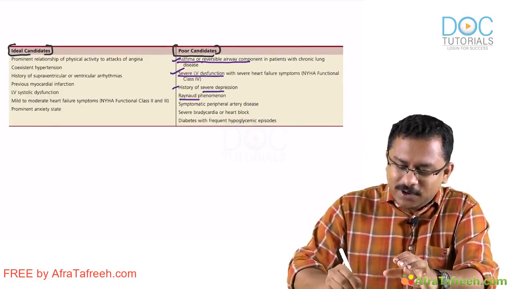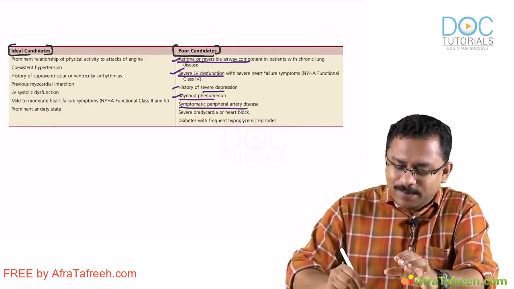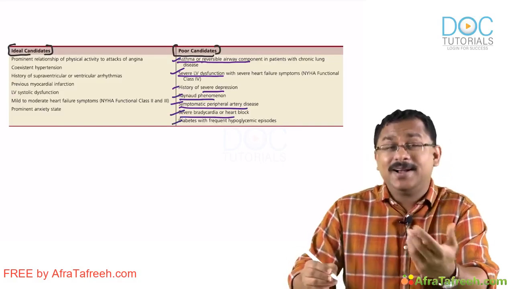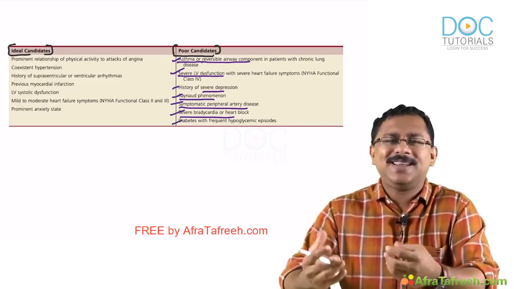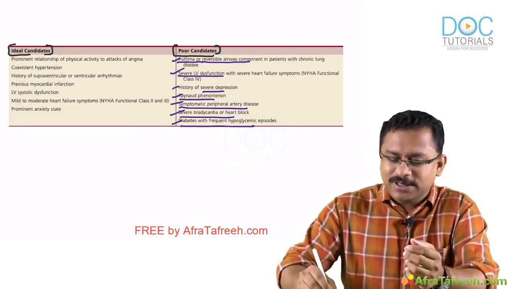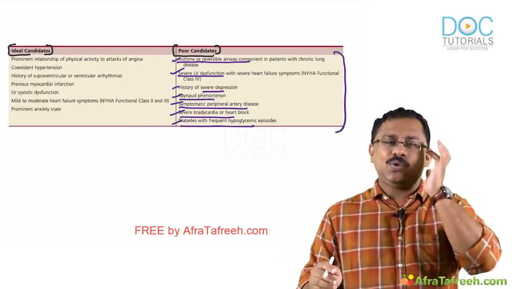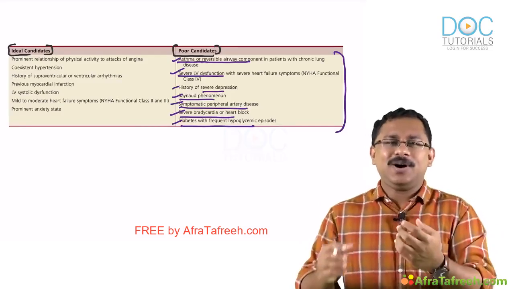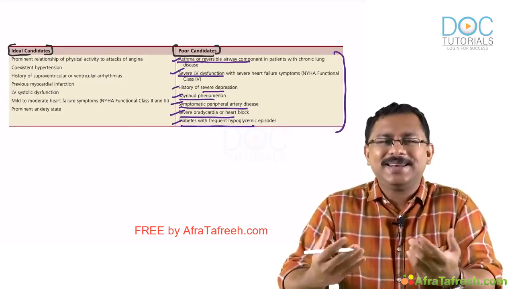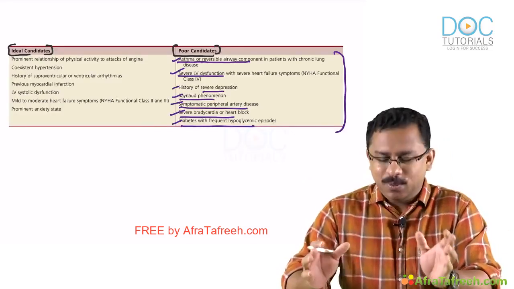Also depression, Raynaud's phenomenon, symptomatic peripheral artery disease, symptomatic bradycardia, and severe bradycardia or heart block even if it's not symptomatic. And diabetes with frequent hypoglycemic episodes, because when you give a beta blocker, that is likely to abort the features of sympathetic activation that occurs in a hypoglycemia.